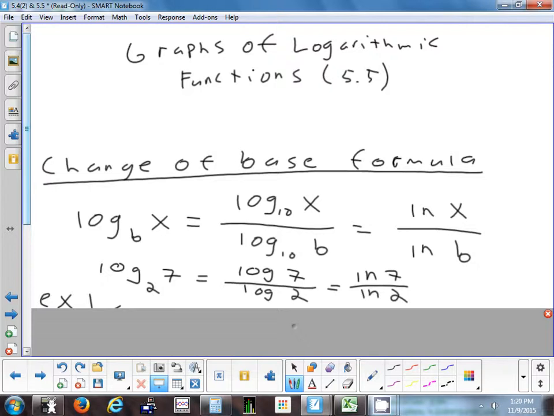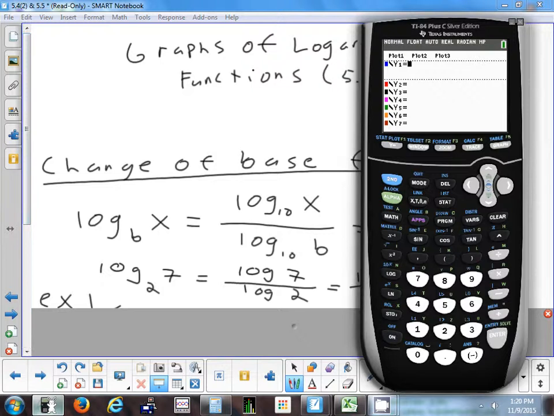So if I just simply asked you on the test, what's log base 2 of 7? This is how you type it in. So we've got log 7 divided by log 2. That's it. It's 2.80. Now, if you wanted to do it with ln's, same thing. ln of 7 divided by ln of 2.